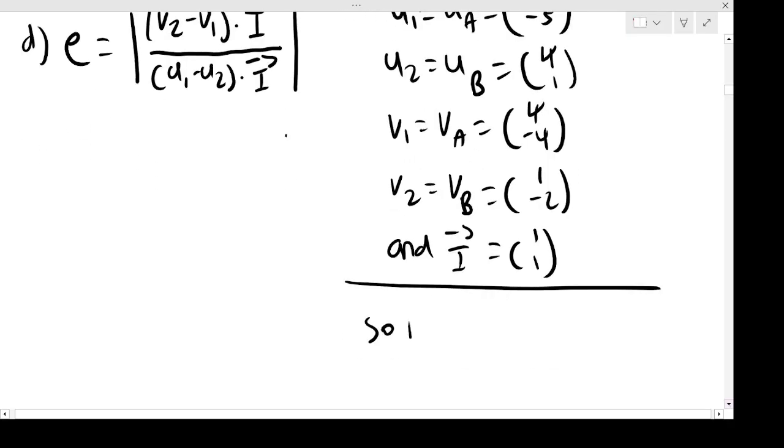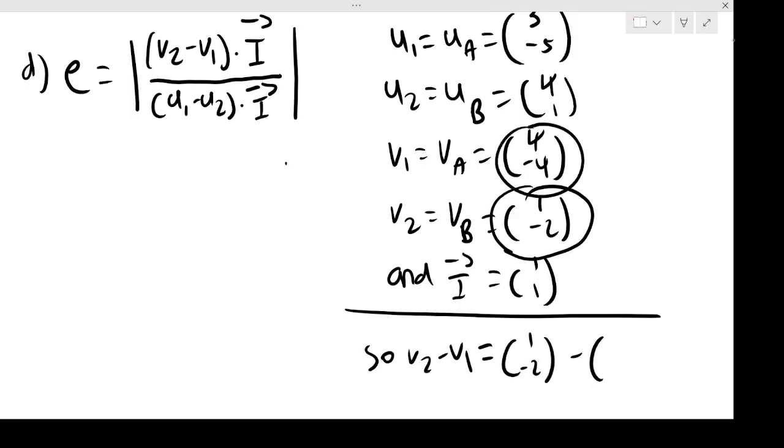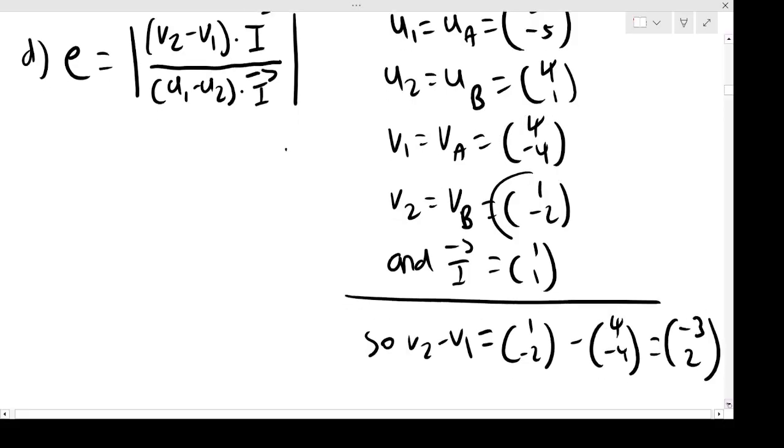Firstly, V2 take away V1. I'm literally just going to take away the vectors. V2 is here, 1, minus 2, take away V1, which is 4, minus 4. That gets me 1 minus 4 is minus 3, and minus 2 plus 4 is positive 2. Then U1 take away U2.